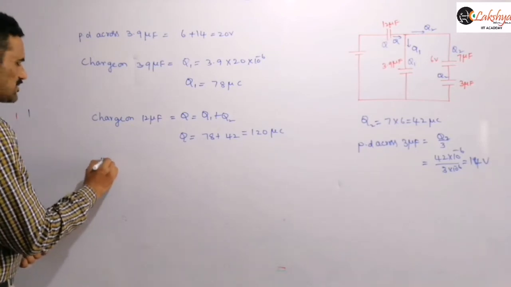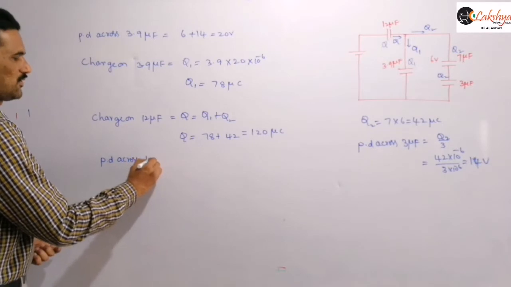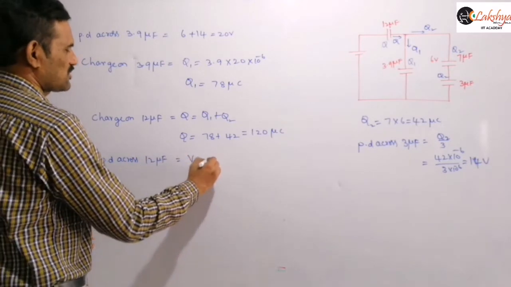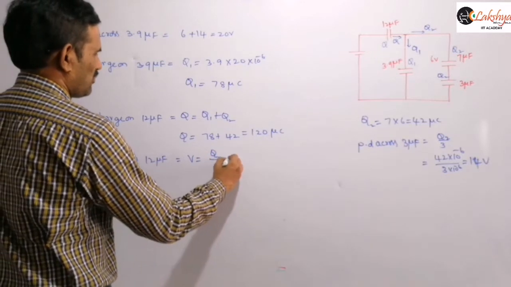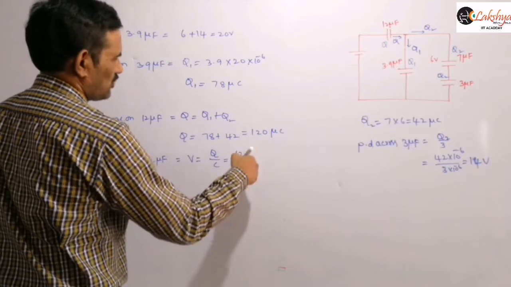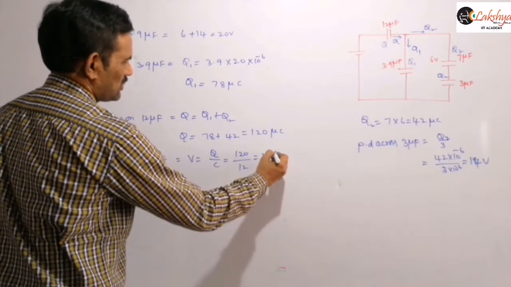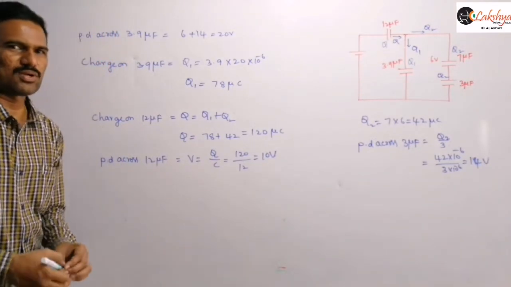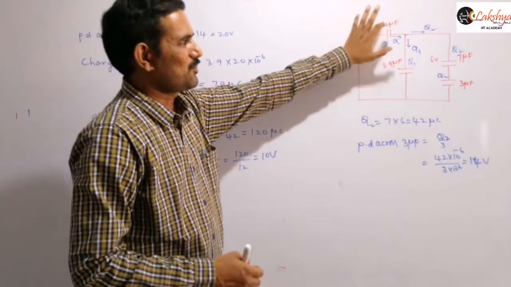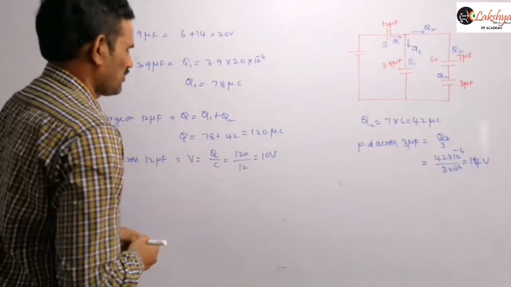Now I am writing potential difference across 12 microfarad capacitor. So this potential difference, now we can write as Q by C formula. 120 by this 12. Micro and micro will be cancelled, so that you will get this 10 volts, right? So that the 10 volts is the potential difference across this capacitor. Now the total potential difference or the EMF of the cell we need to write here.